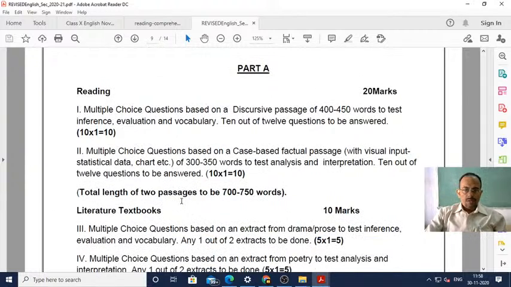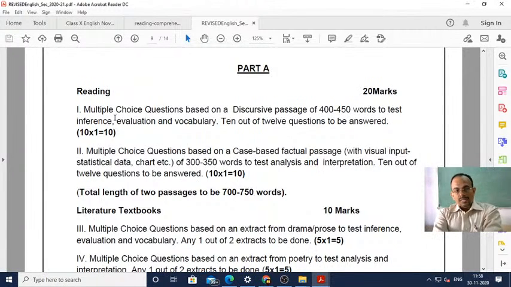This time the question paper is divided into two parts. Part one will be of all the multiple choice and objective type questions. Multiple choice and objective type questions.